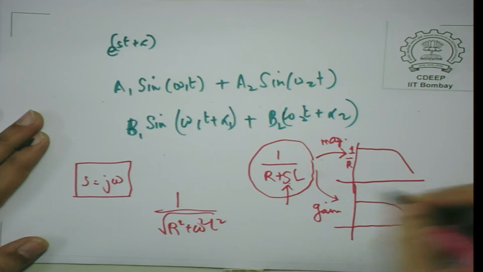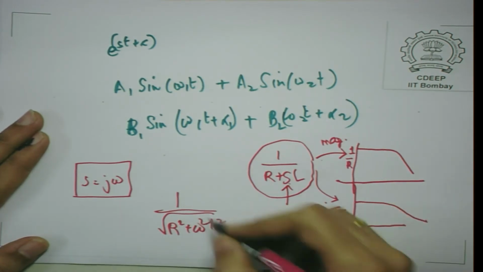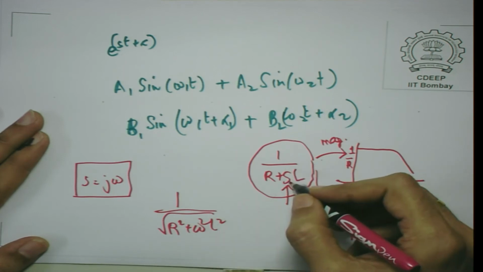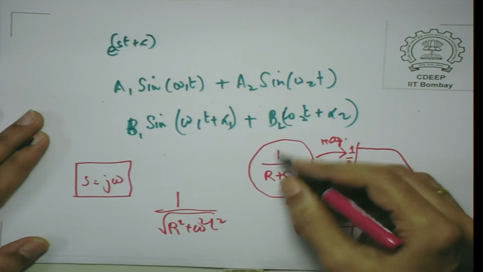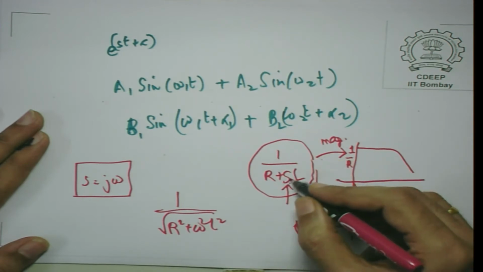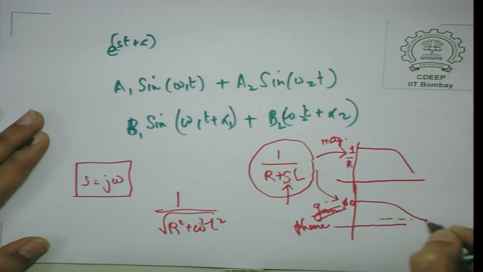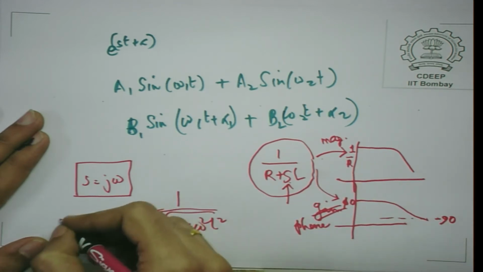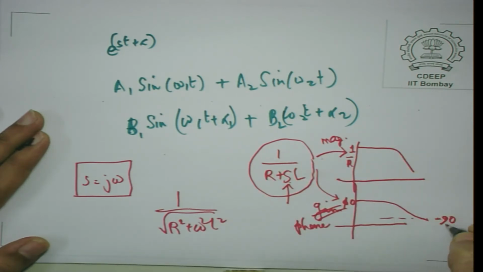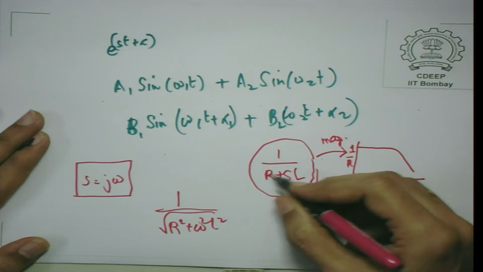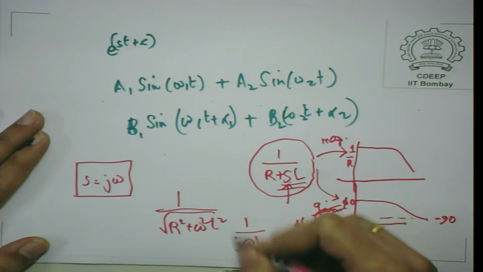And the phase, if you plug in s is equal to j omega, at 0 frequency, 1 by R has 0 phase, but as omega increases, you will go to minus 90. So, the angle of 1 upon R plus sL goes to minus 90, because if omega is very large, this term will predominate, you will get 1 upon j omega L. So, this is minus 90.